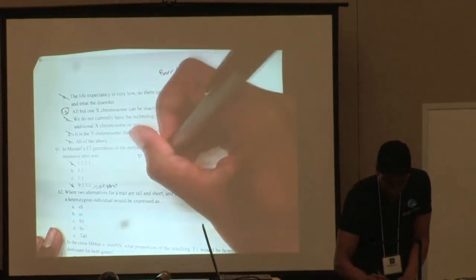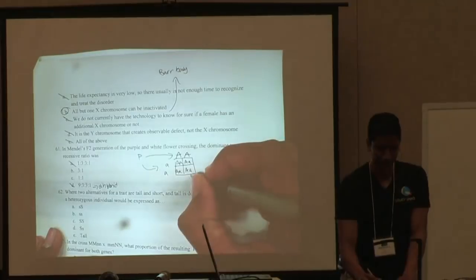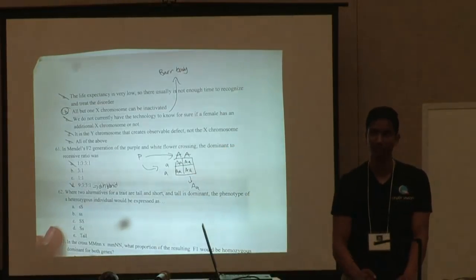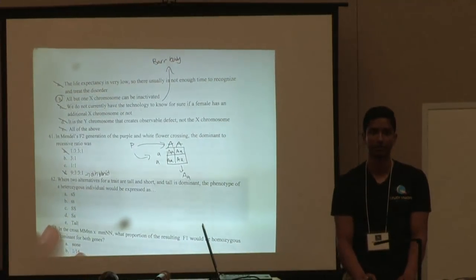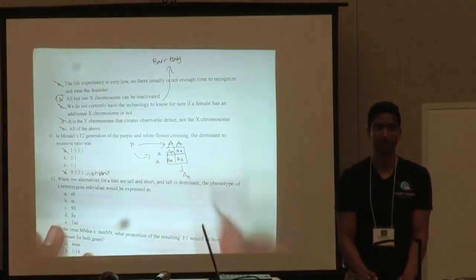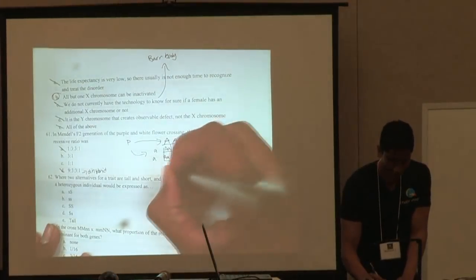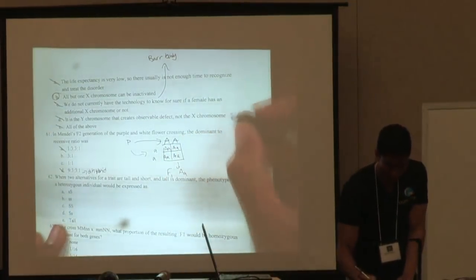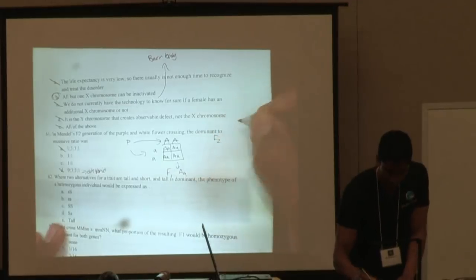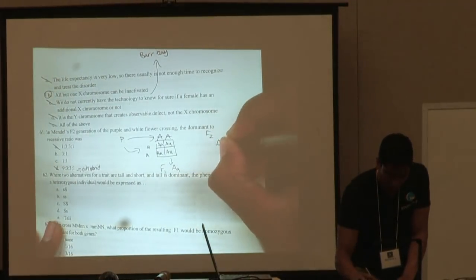So these are the parental generations. So what is the resulting AA? What generation is that? Not F2, it's not F2 yet. It's F1. It's the first filial generation. So then the second generation was a cross between two of these.